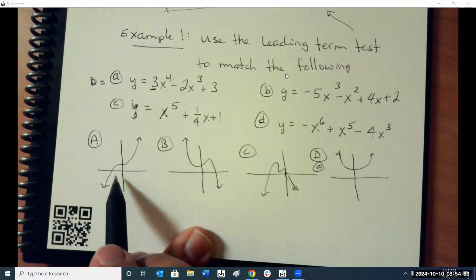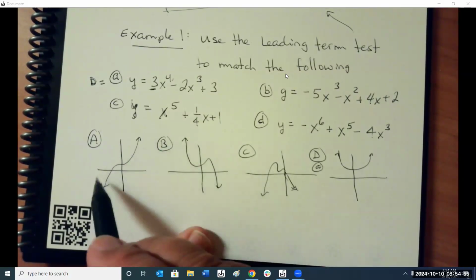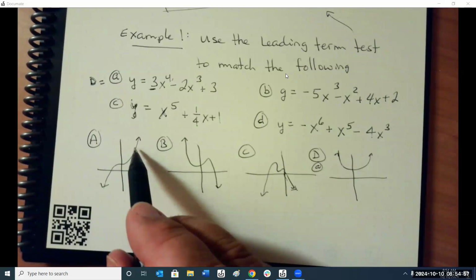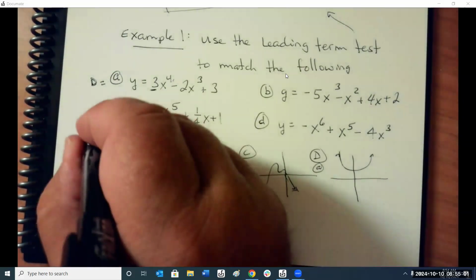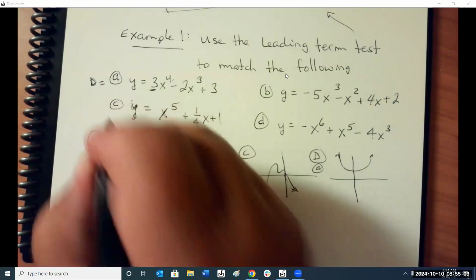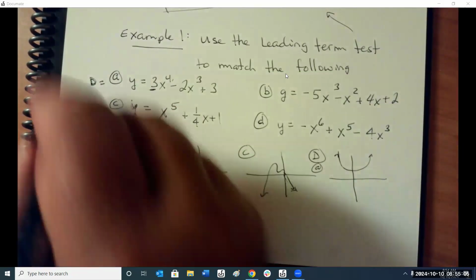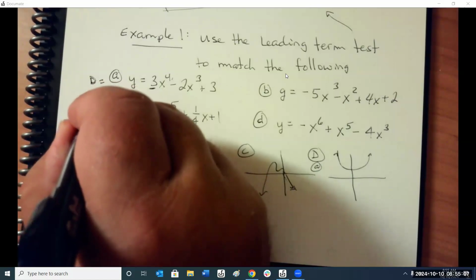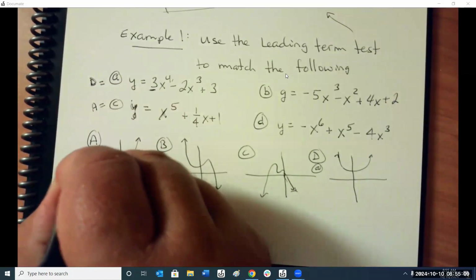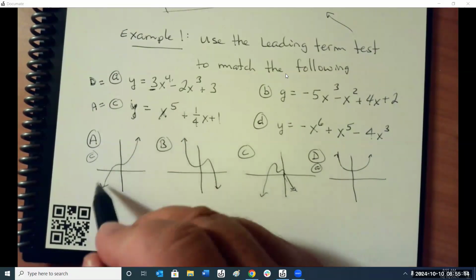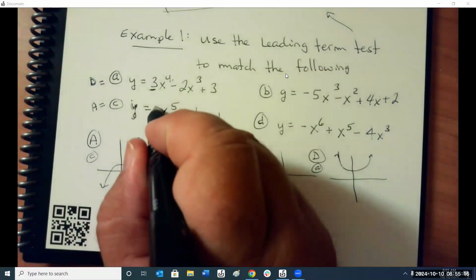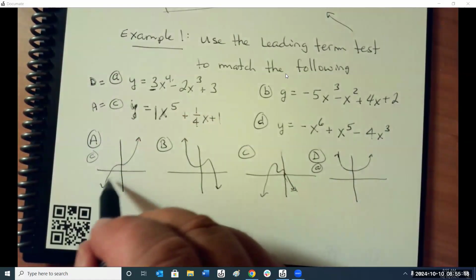Okay, this one's going up. It's different directions, so it's an odd degree, and it's positive. So this one belongs to C, because it's an odd degree, means opposite ends, and A is +1. So it's increasing.